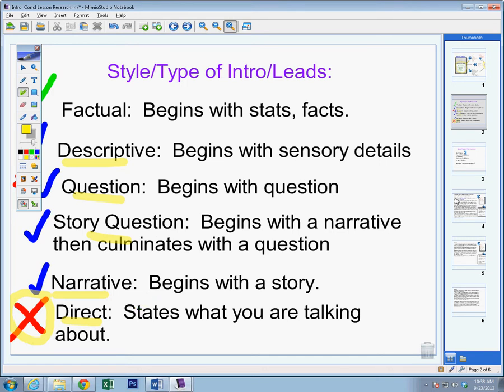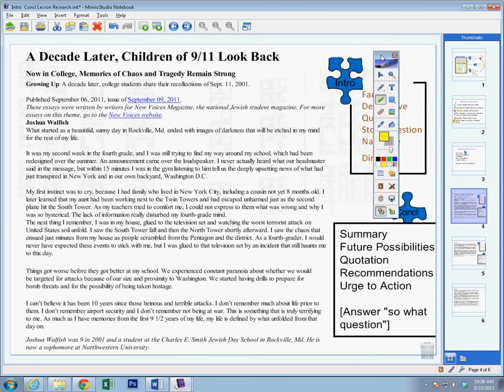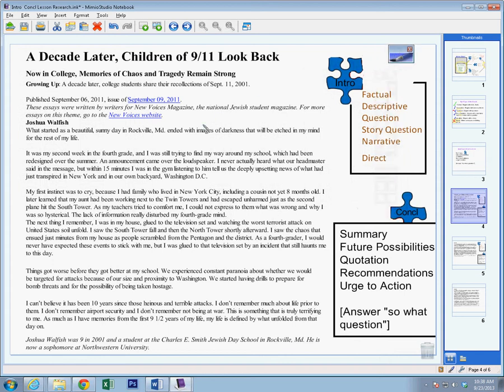Let me show you an example of an article that you read before. This article is the 9/11 article that we worked on before. Okay, so you'll notice that the article is actually several different people writing about their experience at 9/11.